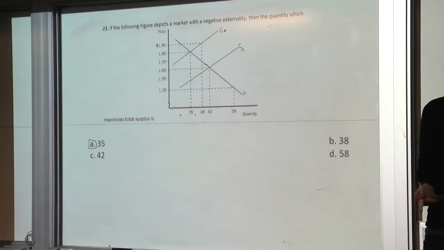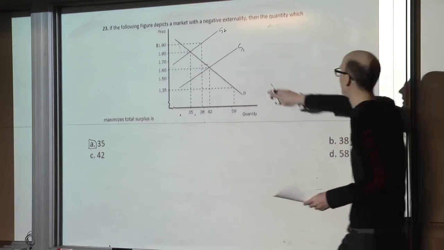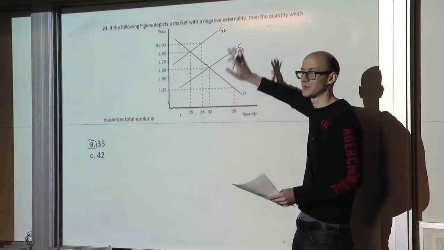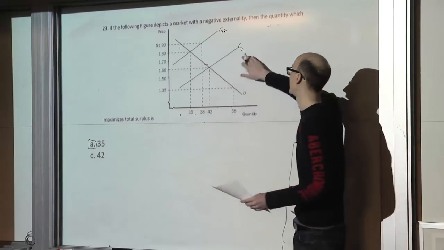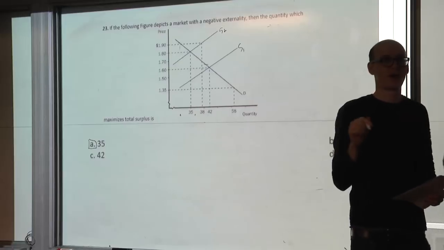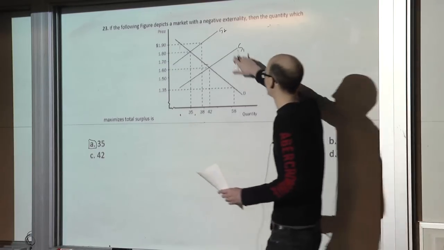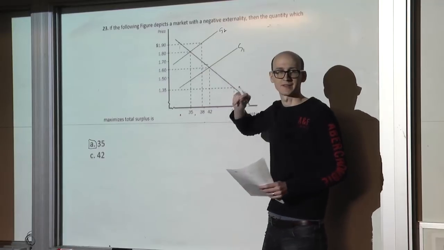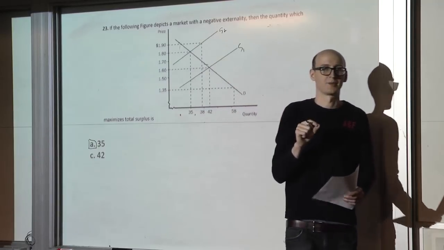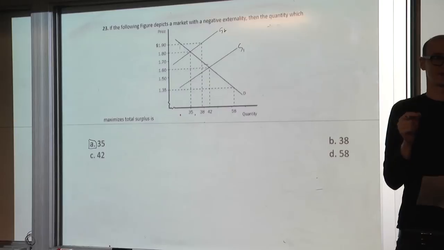Supply 1 would be if there was no externality, then supply curve 1 would represent both the private and socially optimal levels. But supply curve 2 in this case, because there's a negative externality, represents the socially optimal level of output, which will maximize total surplus.